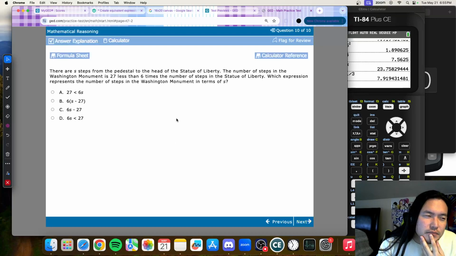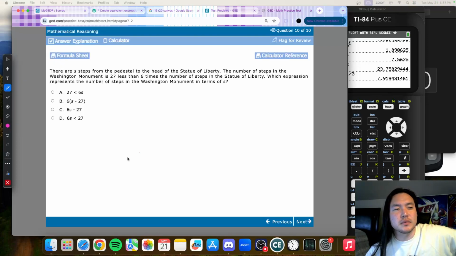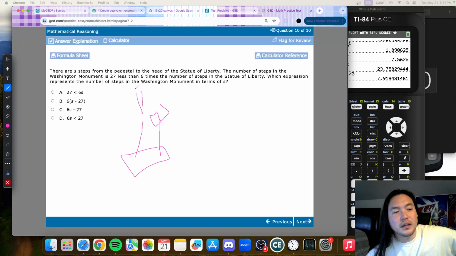Last one for today. There are S steps from the pedestal to the head of the Statue of Liberty. Is this what they're talking about? Here's my Statue of Liberty.